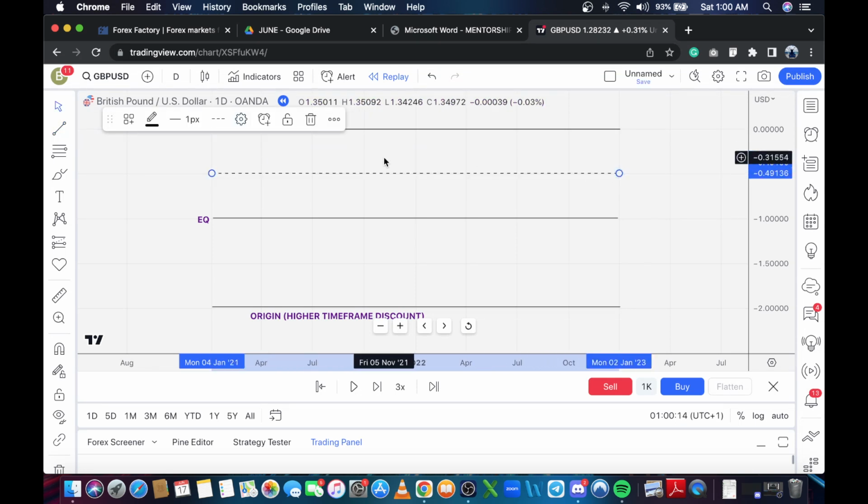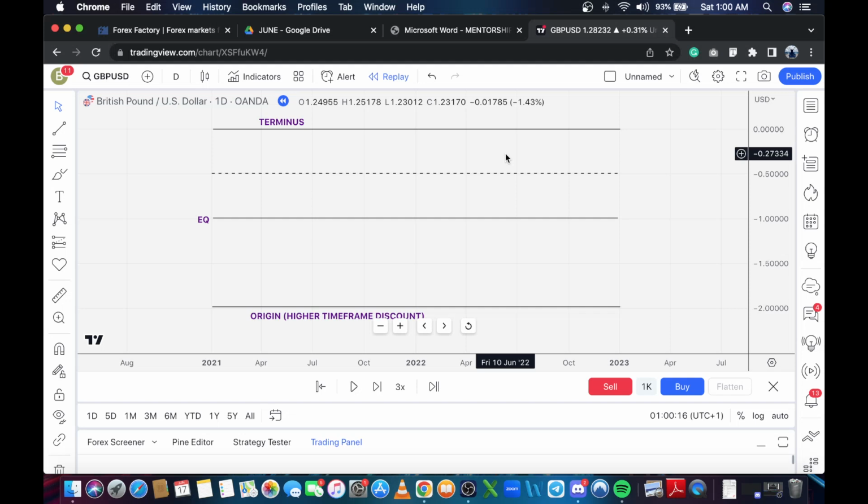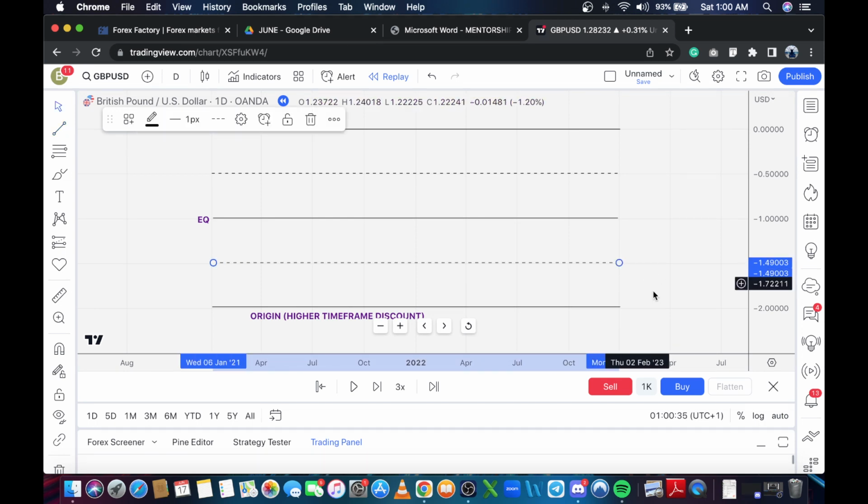You have your fourth quarter, which is the last quarter leading up into terminus, and then you have your third quarter, which is the second to the last quarter leading up to terminus. And then between the origin and equilibrium, you divide the range into half, and you get your first quarter and the second quarter. So this is the quarter theory.